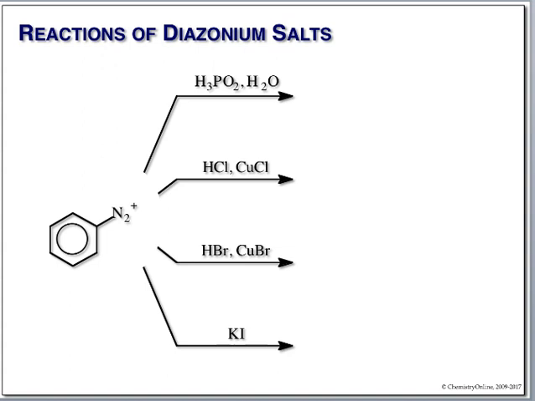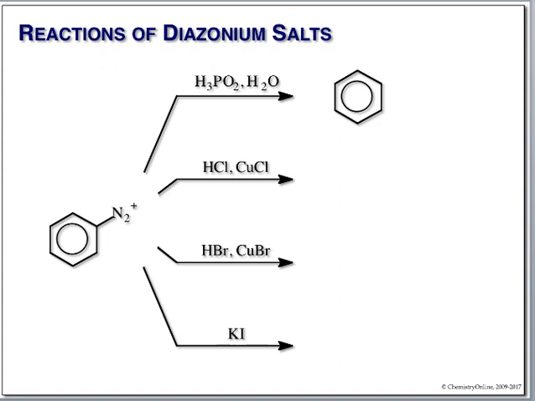With it, the nitrogen will leave, substitute a hydrogen, and in this case we would simply make benzene. Now this is really useful synthetically because if we have a nitrogen on a ring somewhere, we can use it to direct substitution, make a compound, then make a diazonium salt, and get rid of the nitrogen. Kind of a neat reaction.